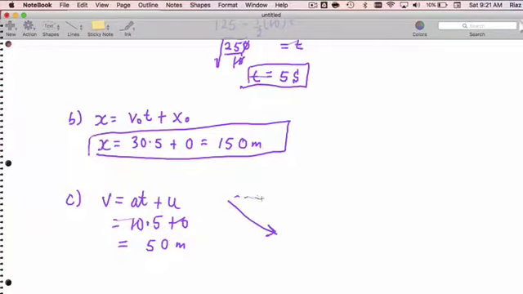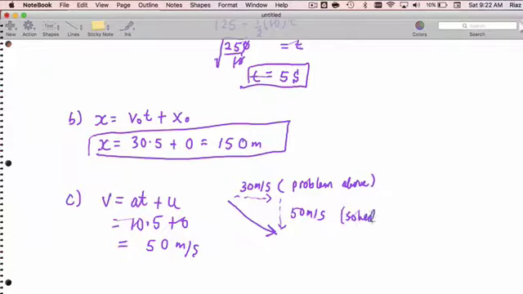In the horizontal direction, that's 30 meters per second, which we get from the problem above. And it's also going downwards with a speed of, I'm sorry, this is meters per second here, 50 meters per second that way. So that's what we just solved for.